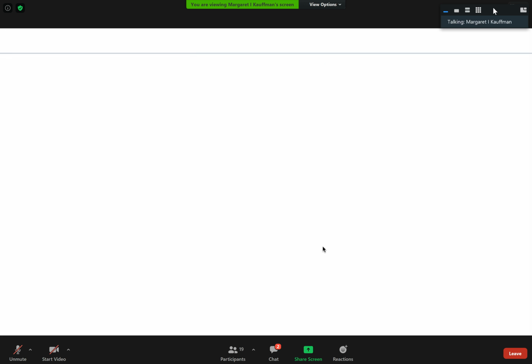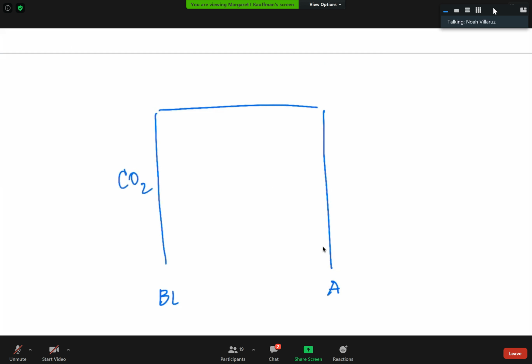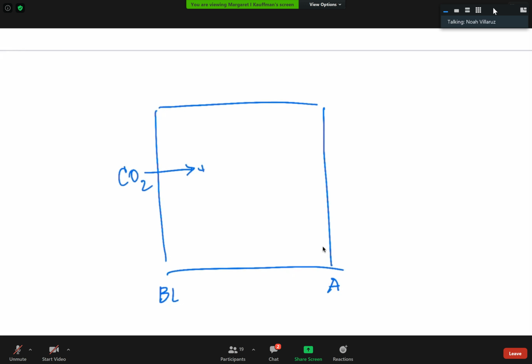Okay, go ahead, Noah. So like you said, it's basically the same thing as a type A cell. On the basolateral side, it's going to be receiving CO2 from the blood, and that CO2 is going to enter the parietal cell and combine with H2O, and then it's going to utilize carbonic anhydrase to create carbonic acid.